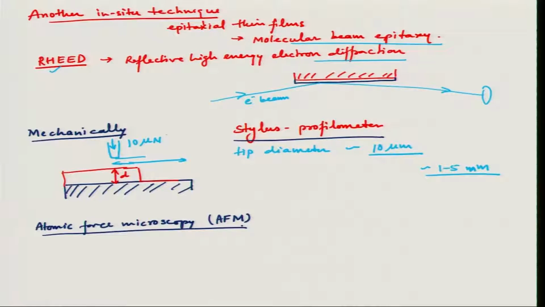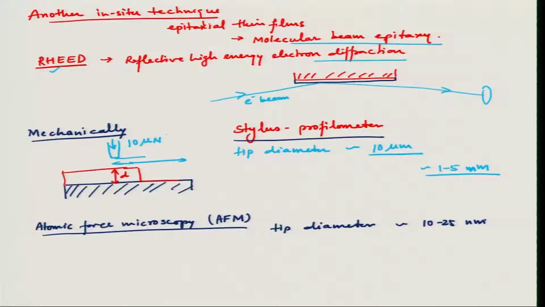The tip diameter is of the order of 20 to 25 nanometer. And your load is very small, and it is attached to a piezo crystal. So, any small deviation in the position can be detected. The tip diameter is around 10 to 25 nanometer.